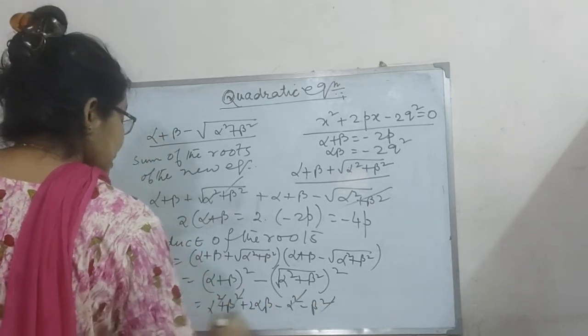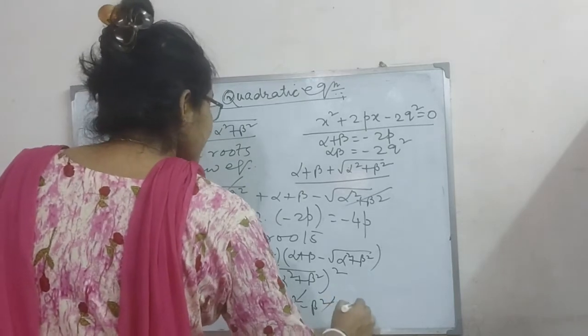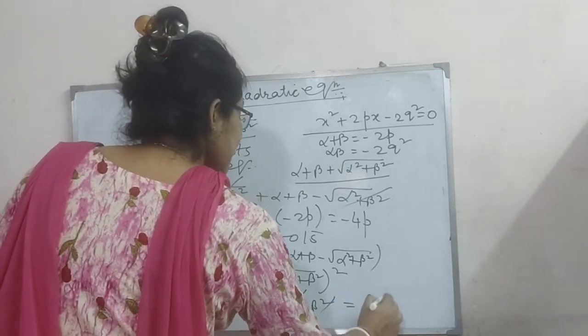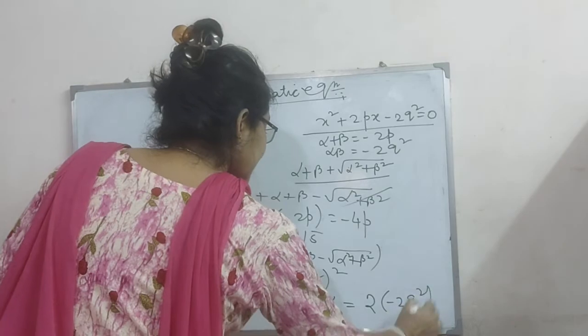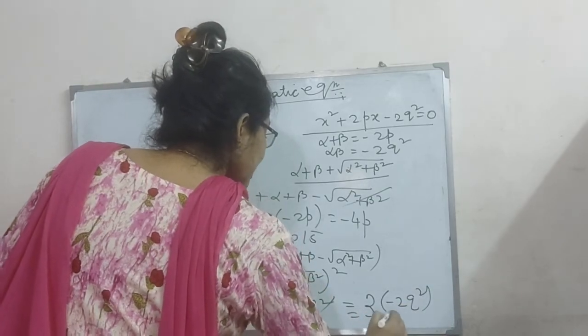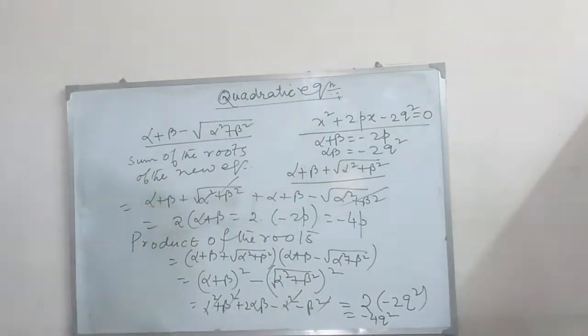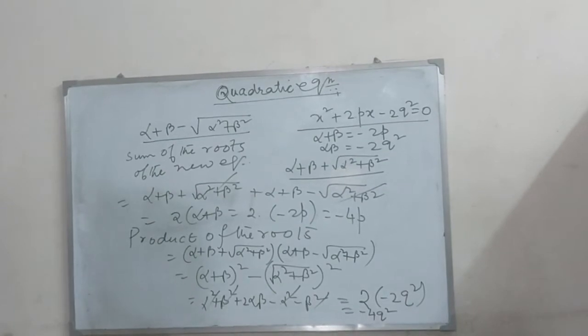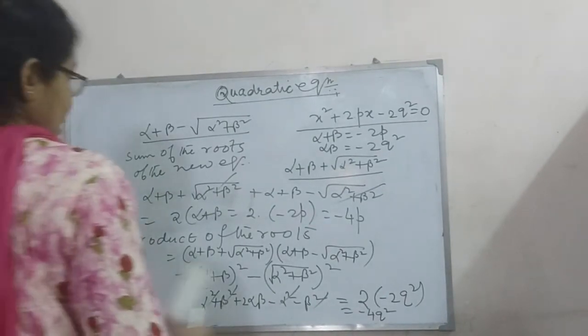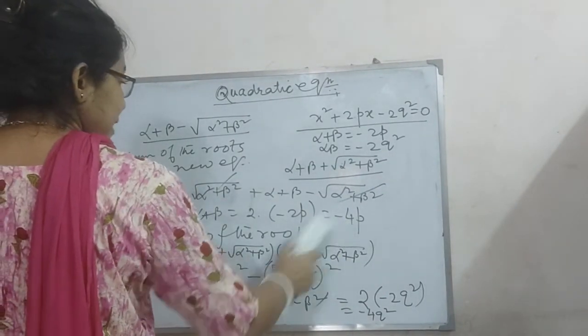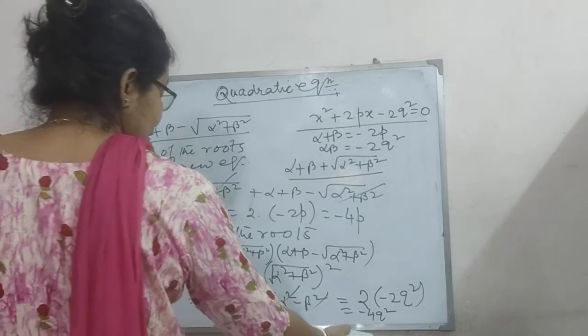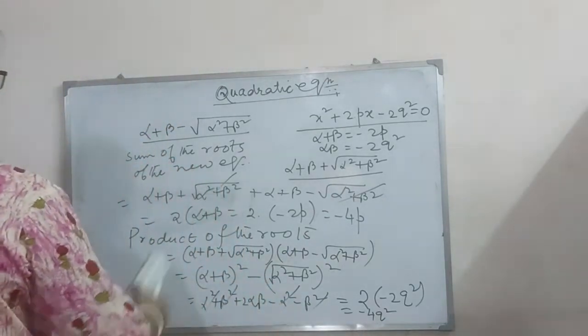So this cancels out, 2 alpha beta, that means 2 alpha beta equal to minus 2q square, that is equal to minus 4q square. So sum of the roots is minus 4p and product of the roots is minus 4q square.